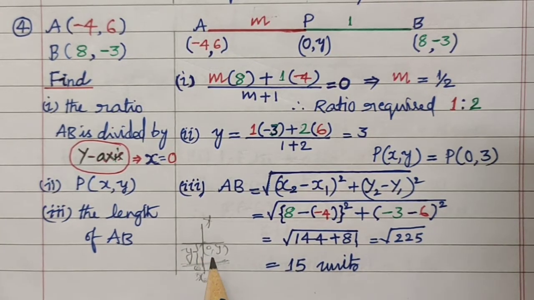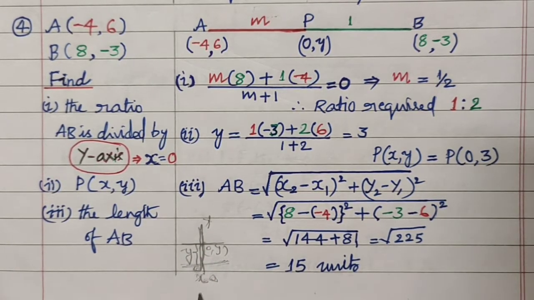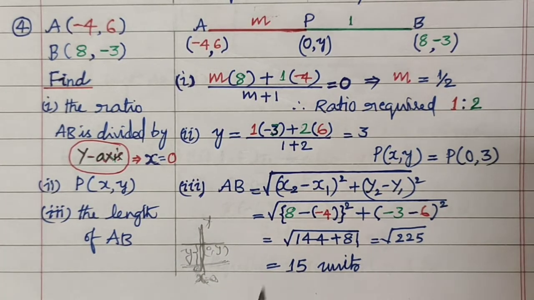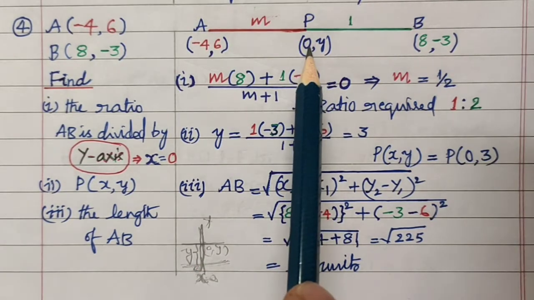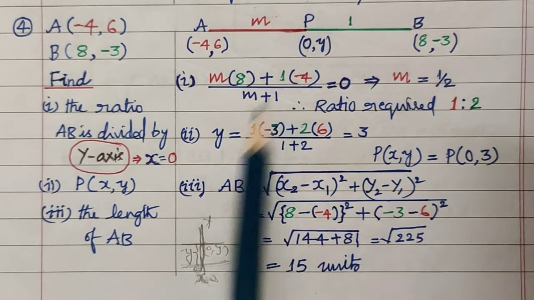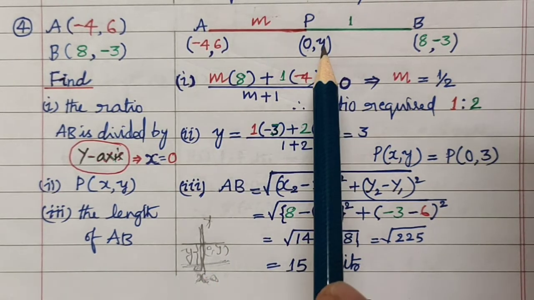Because this line is divided by the y-axis, x will be 0 here. Therefore the coordinates of the point P: value of x is 0 and this length is y. That is why it is y.